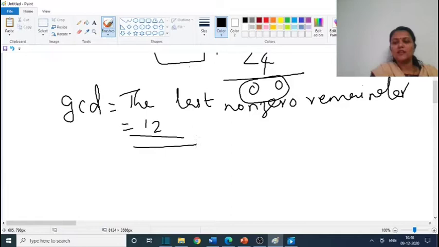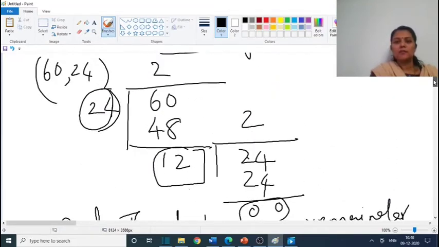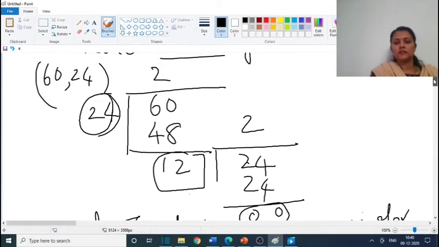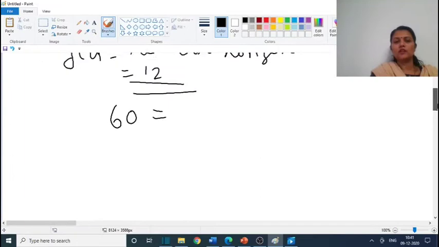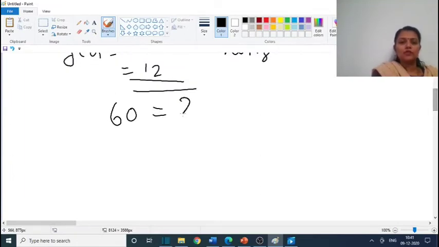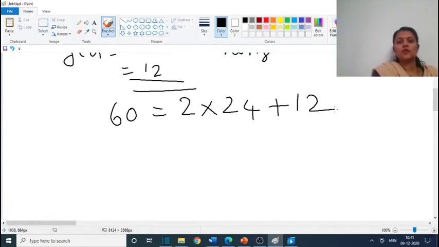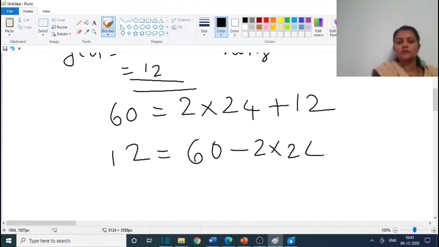For that we can write from here. In the first step, when we divide 60 by 24 we got 2 as the answer, and 12 as the remainder. So 60 is 2 into 24 plus 12, so 12 is equal to 60 minus 2 into 24.